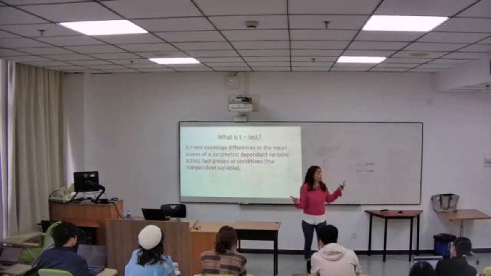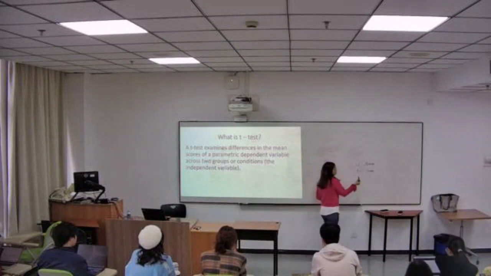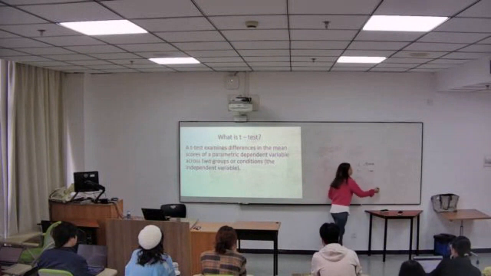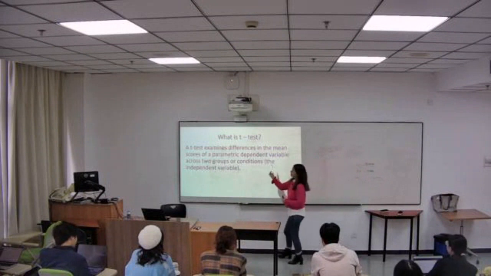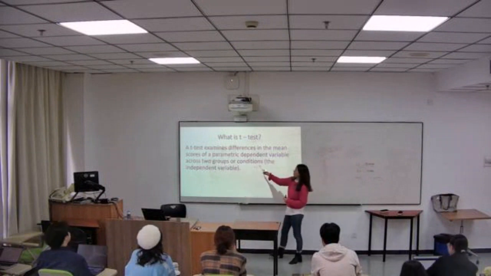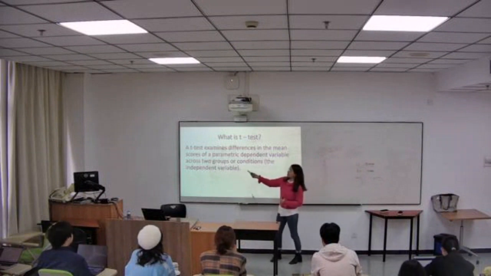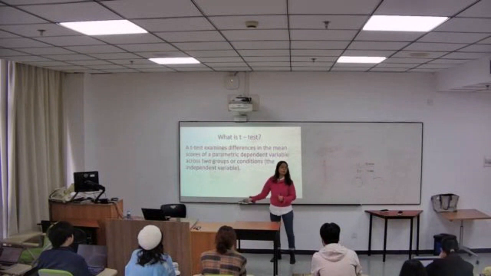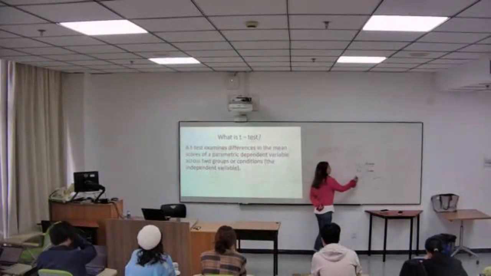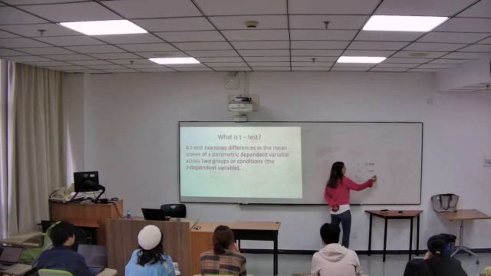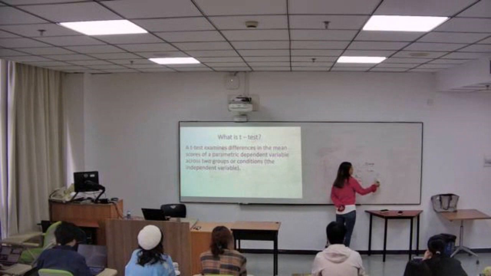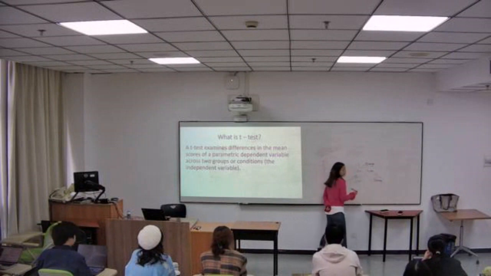Now, we need 2 groups. Let's say this is group 1, this is group 2, the IV. Across 2 groups or conditions, which is the independent variable. So let's say group A studies only 10 hours, while group B studies 20 hours.